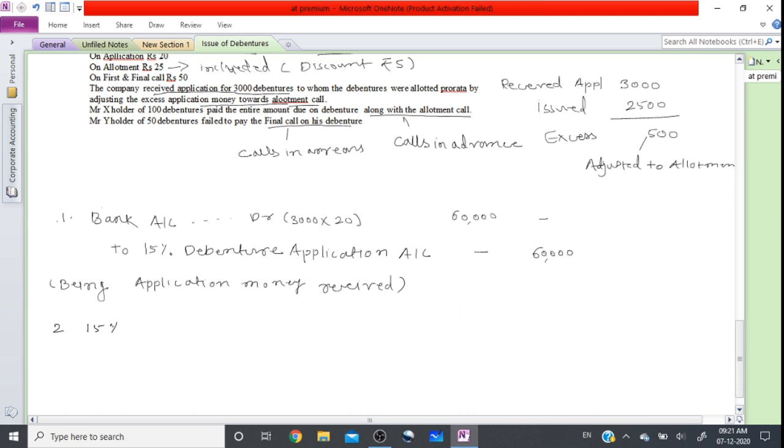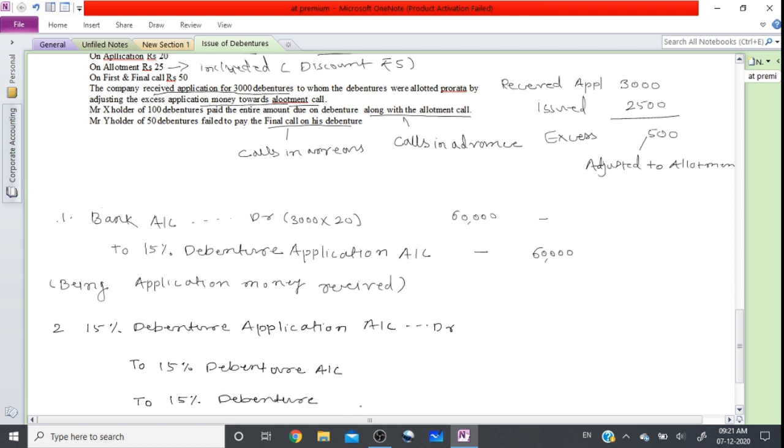The entry will be like this: 15% debentures application account debit to 15% debenture account, to 15% debenture allotment account.